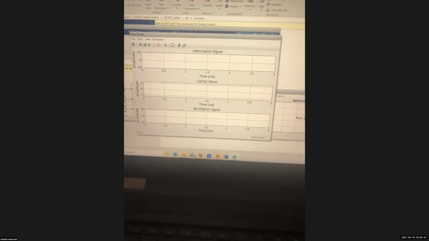So I should wait, Doctor? Yes. Here it is. Now it's coming up. Just hold on for a while. This is time scope. The previous one is frequency spectrum, and the third one is the application.